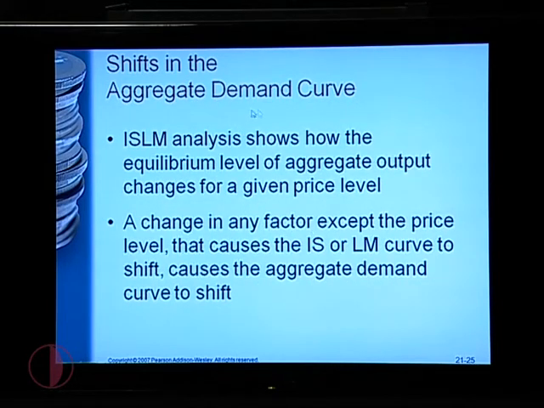Shift in the aggregate demand curve. ISLM analysis shows how the equilibrium level of aggregate output changes for a given price level. A change in any factor except the price level that causes the IS or LM curve to shift causes the aggregate demand curve to shift.